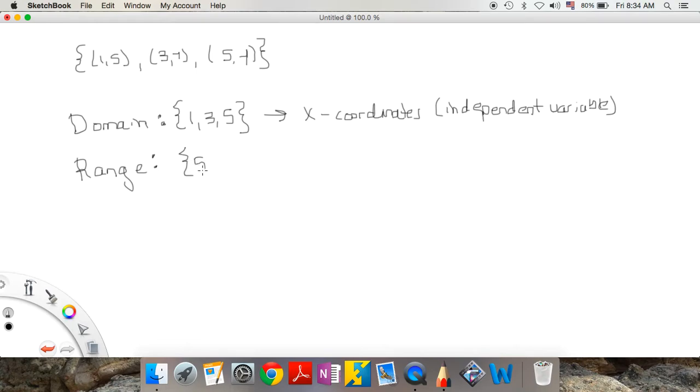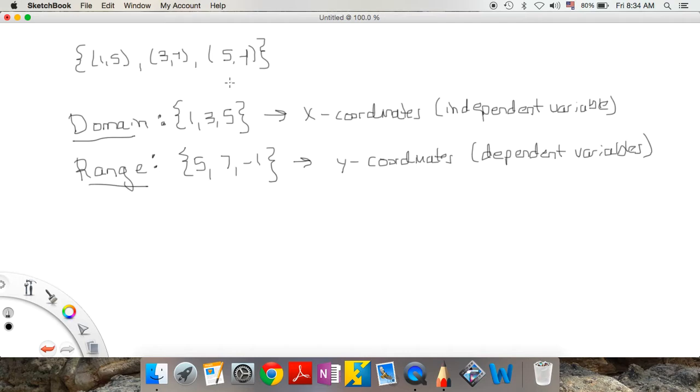So we've got 5, 7, and -1, and those are the y coordinates. Those are also called the dependent variables, and we'll get more into that in a minute. So the domain is the first coordinates, and the range is the second coordinates.